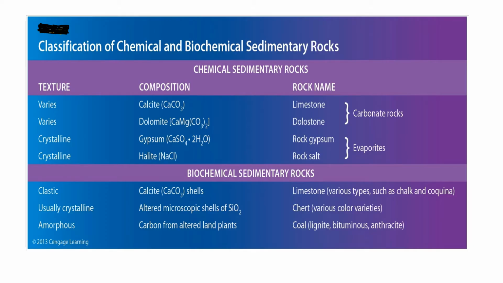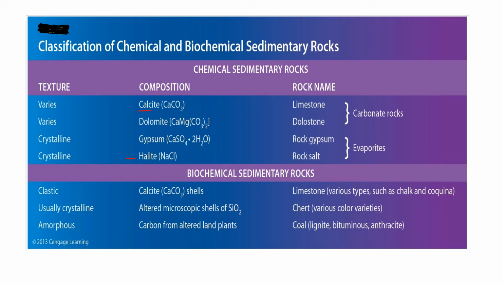So here's a table showing the classification of chemical and biochemical. Texture will vary with calcite. It can be crystalline to microcrystalline. Dolomite and gypsum are crystalline, and we know that halite or rock salt is crystalline.